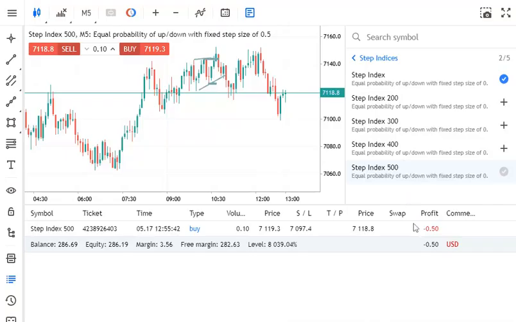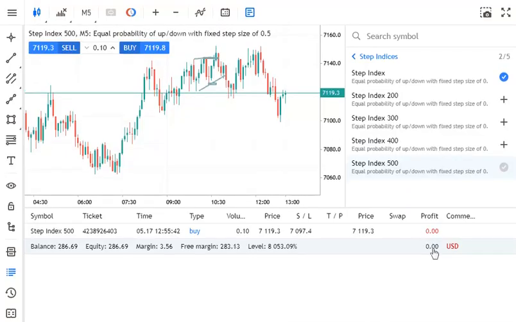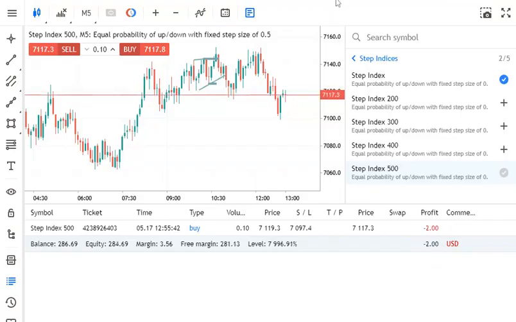The trade we recently took is still ranging in loss and profitability. Yeah, that's how it is.